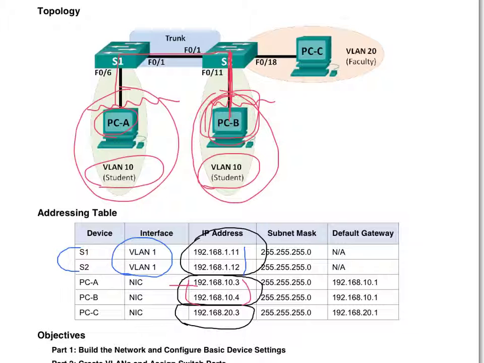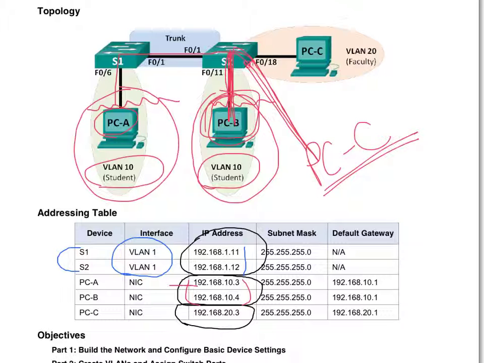And if there is another device, let's say PCC, if these two ping each other, does anything happen to the frame? No. This port, whatever port this is, would have to be on VLAN 10, and the switch would move the information just as if it was just one switch.